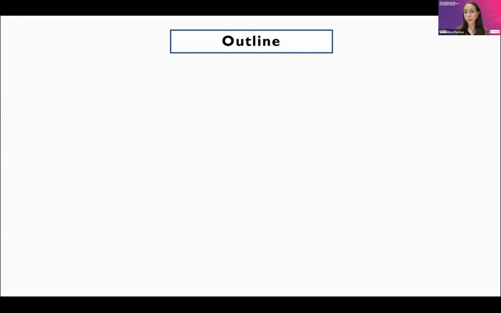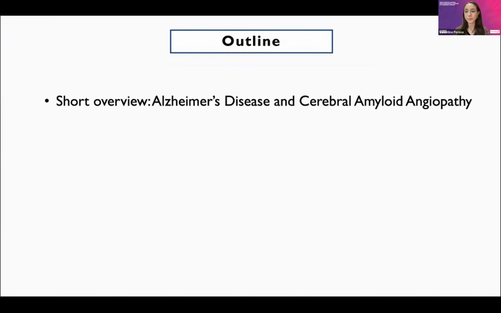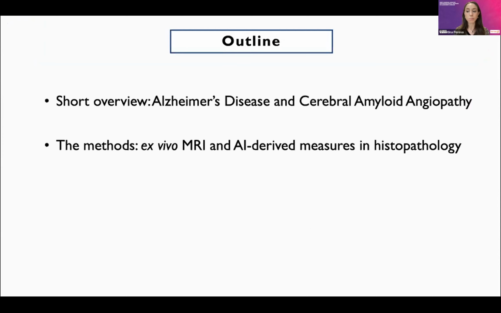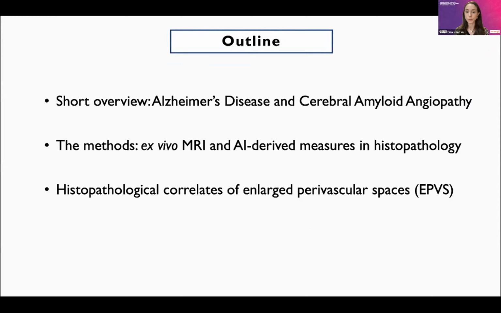So I am part of the Van Veluw lab, and we focus mostly on Alzheimer's disease and cerebral amyloid angiopathy. Therefore, I will give a little introduction about these diseases. And then I will dive into the methods that we adopt for most of the human studies in our lab, which are mostly ex vivo MRI, and what is more relevant for us today, the AI-derived measures of histopathology.